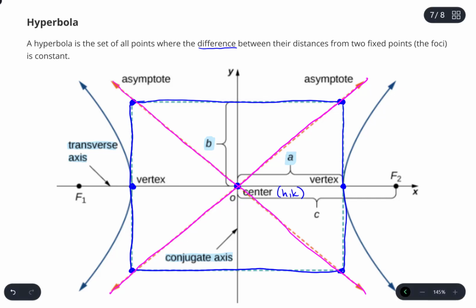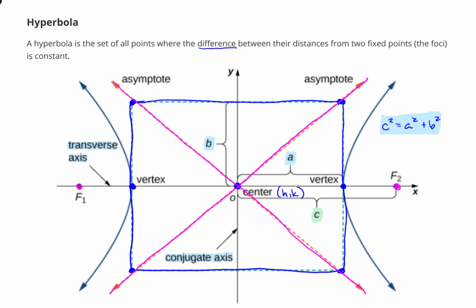We do still have two focal points, and the distance between those focal points and the center is labeled c, but nicely, c squared is equal to a squared plus b squared in the case of a hyperbola, which is great because that is just the Pythagorean identity.